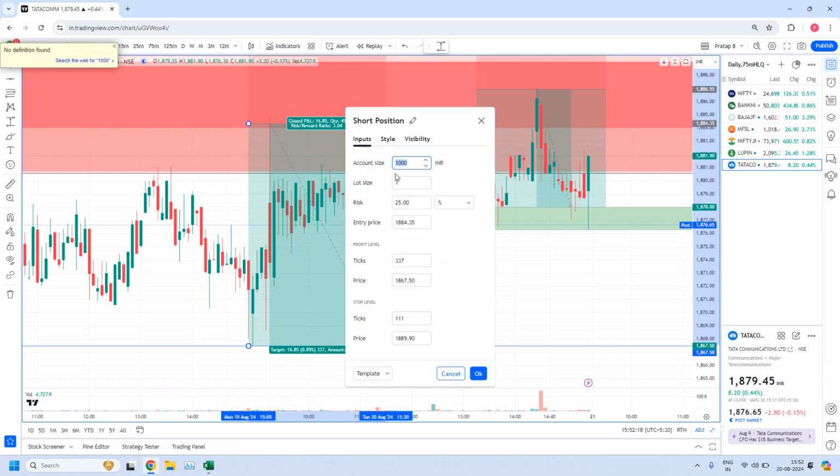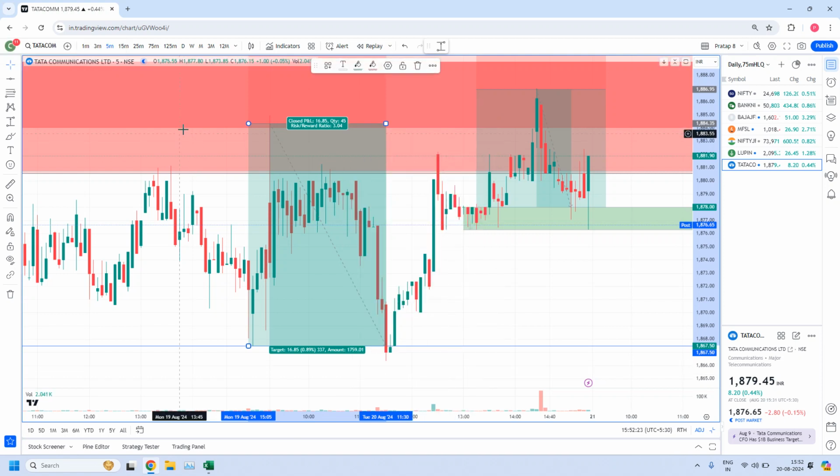And what is going to be your entry now? 1184.35 paisa. Earlier your entry was supposed to be 1184.05 paisa. Another 30 paisa above, we moved the entry.